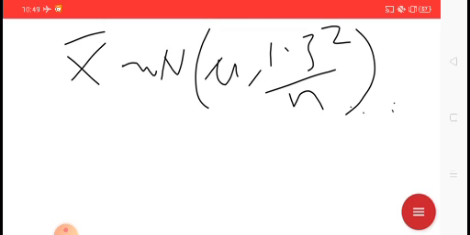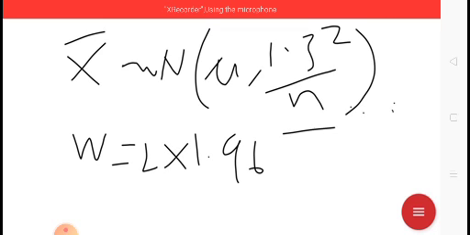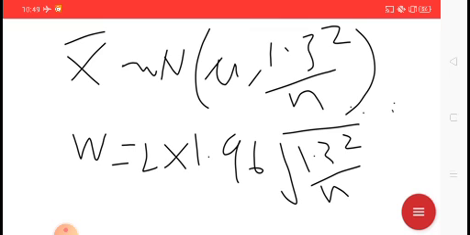For the width of the 95% confidence interval, z equals 1.96. So the width will be equal to 2 times 1.96 times the square root of 1.3 squared over n. The width must be smaller than 2.